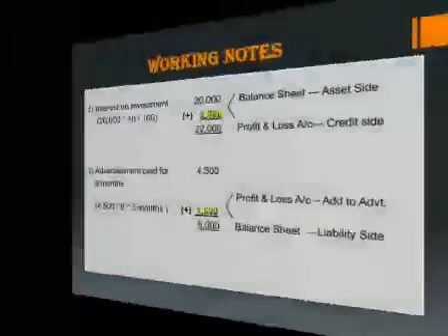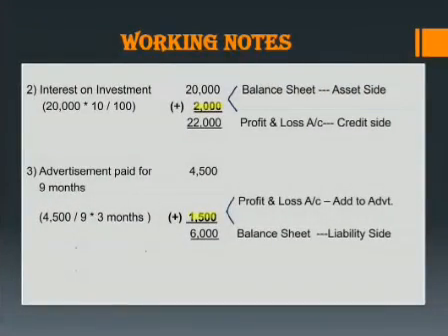Next slide. See here, I told you that hidden adjustments, interest on investment and advertisement paid for 9 months. See how we have calculated on 20,000 into 10 upon 100, we get the 2,000.